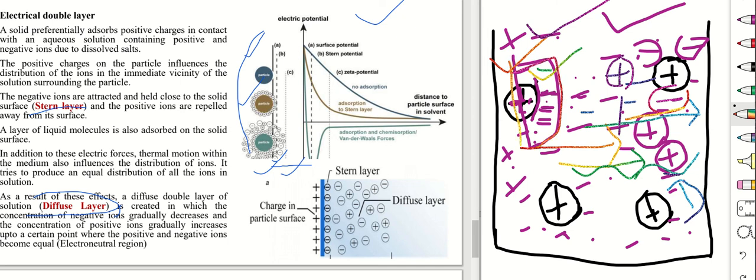At this surface, the potential is known as surface potential A. Surface potential is the surface charge carried by the suspended drug particle, and immediate to that it will adsorb negative ions from the dispersion medium. See here, you can see the negative charges. The potential that exists between the particle and the negatively charged ions, B, is known as the Stern potential.